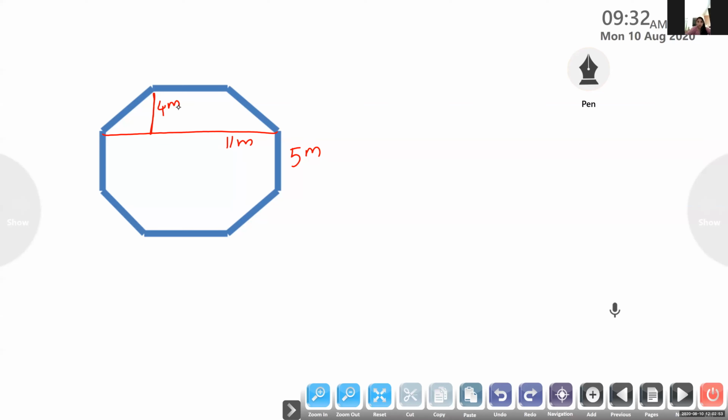So this is a polygon. How can we find the area of a polygon? We have studied how we can do that. Salin, how can we find the area of polygons? For a polygon, we don't know the formula.